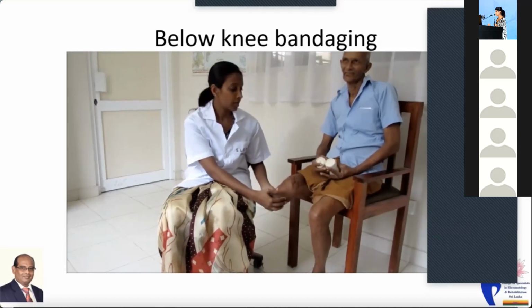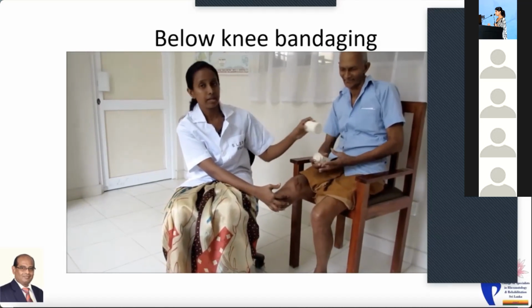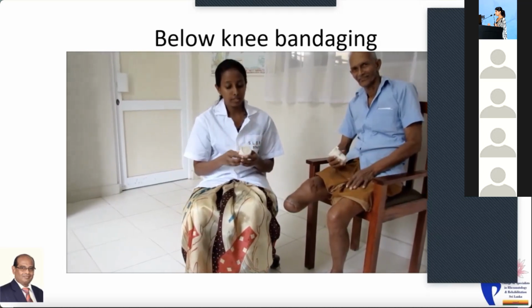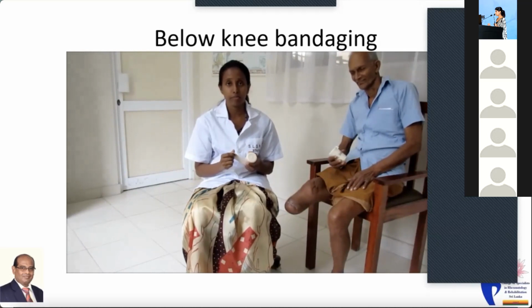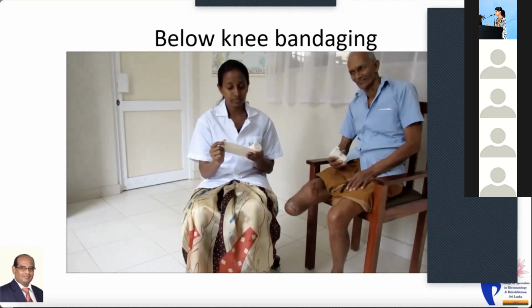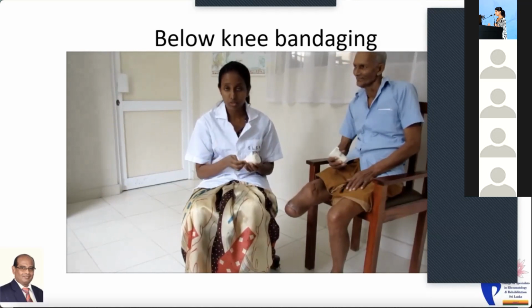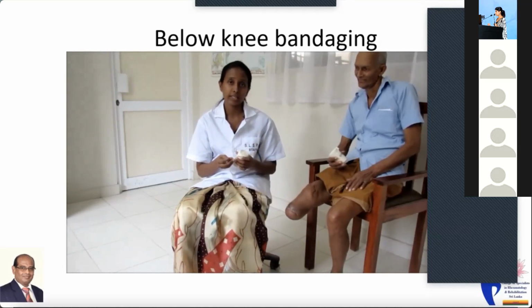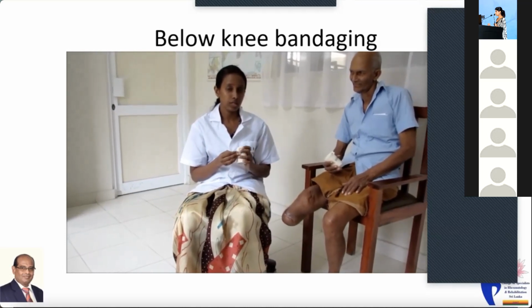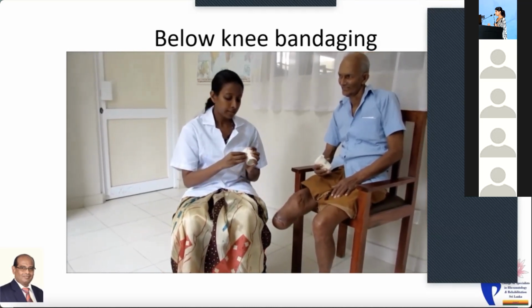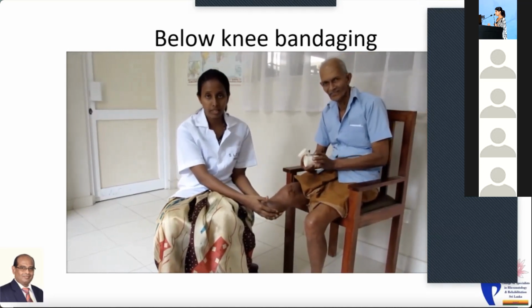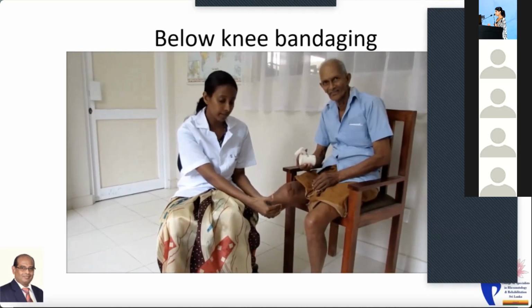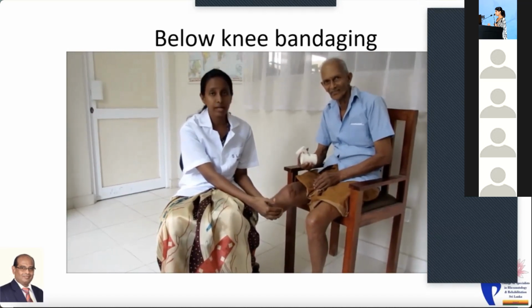The second one is the type of bandage we choose. Always the bandage must be a cotton crepe one with less elasticity like this. It must be strong and not fray easily, and also not a thick one. Then, as bandaging is compression therapy, there are several risks with wrong bandaging.